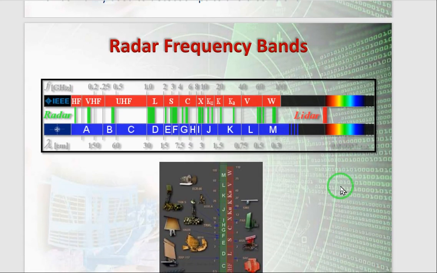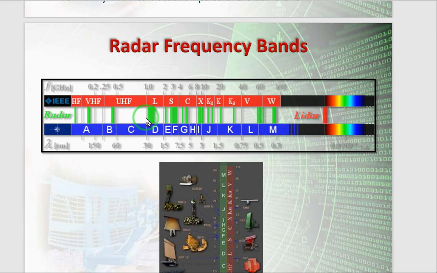Here are the frequency bands in which radar works. These green channels define the radio frequency bands for radar. Radar works on different frequencies in different bands, as seen by the green belt: some of the frequencies in HF, some in VHF, some in UHF.